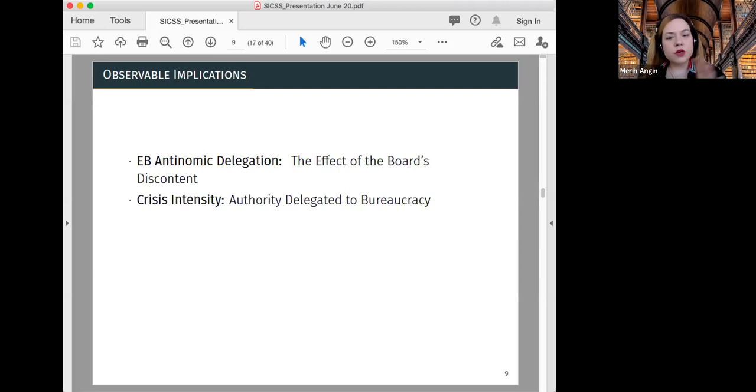Since there are numerous large-N studies explaining IMF lending behavior with economic variables as key determinants, making sense of the correlation between economic crisis intensity and number and scope of conditionality might actually look quite straightforward at first glance.